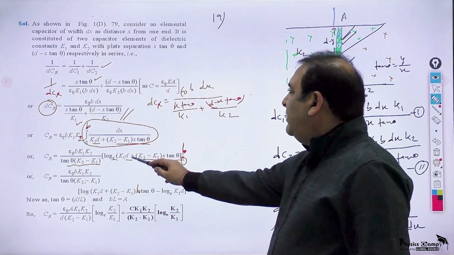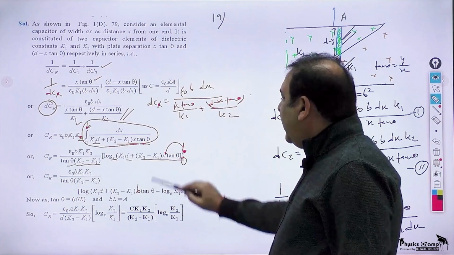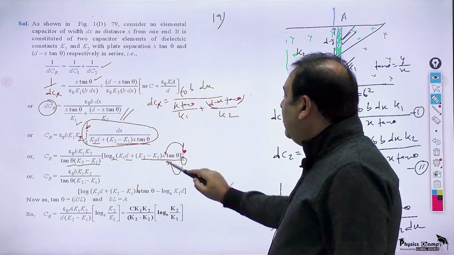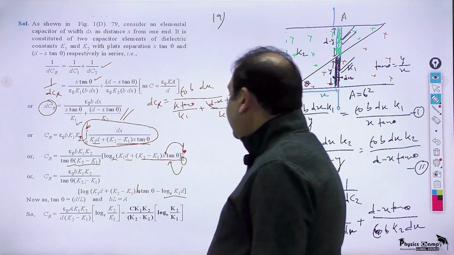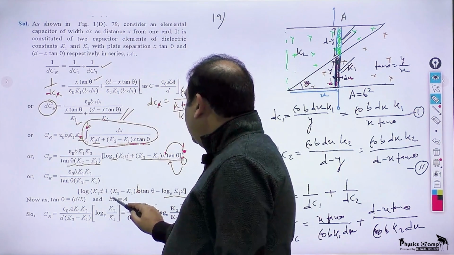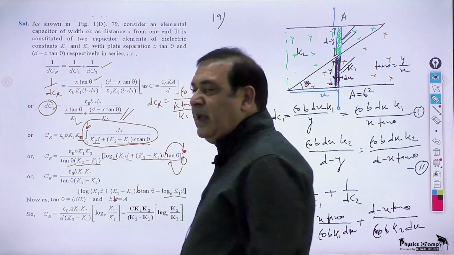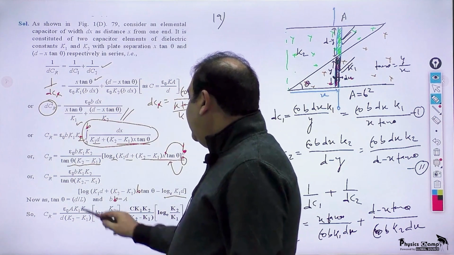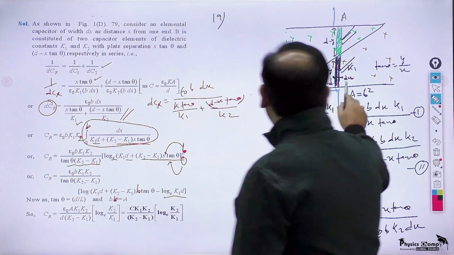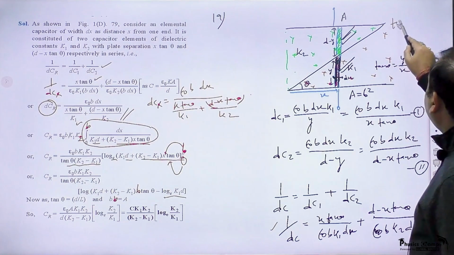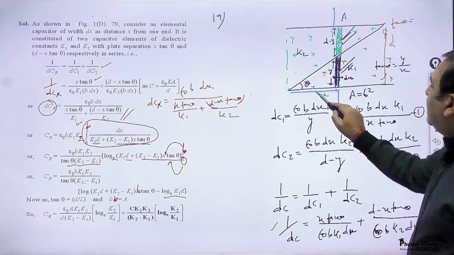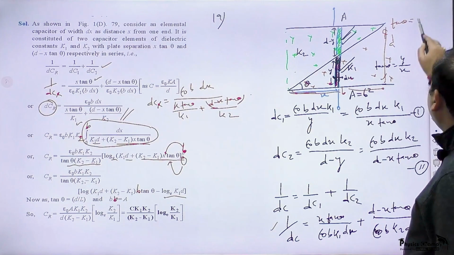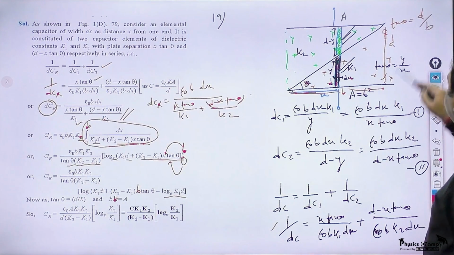So first we put x as b, then we put x as 0, so it is log K1 d. And then b into b is the whole area, capital A, and tangent theta can be written as d by b, since the whole gap is d and this side is b.